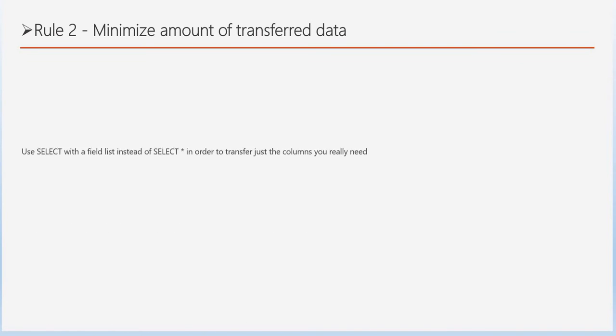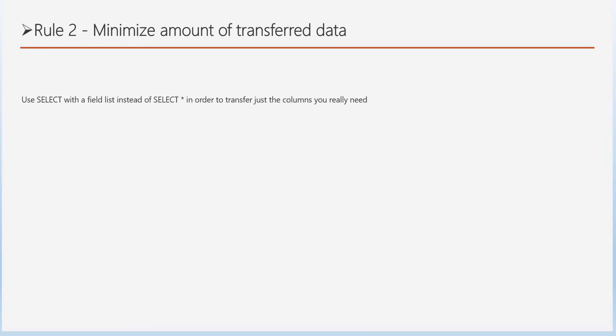Now we're going to rule number two, minimize the amount of transfer data. Here you need to use the select statement with only the fields you need. You should not use select star, because that means you are transferring all the fields, but if you need only 4 or 5 fields of the whole structure, you should write just those fields in your select statement.